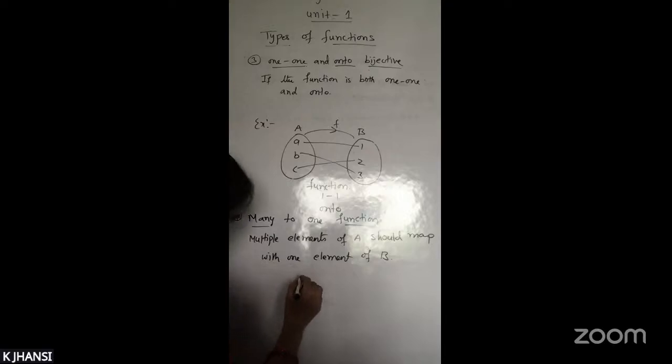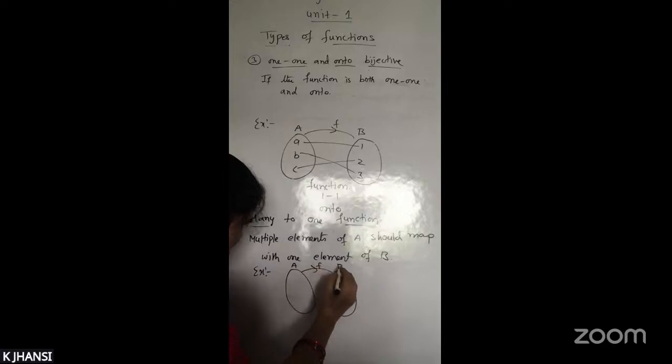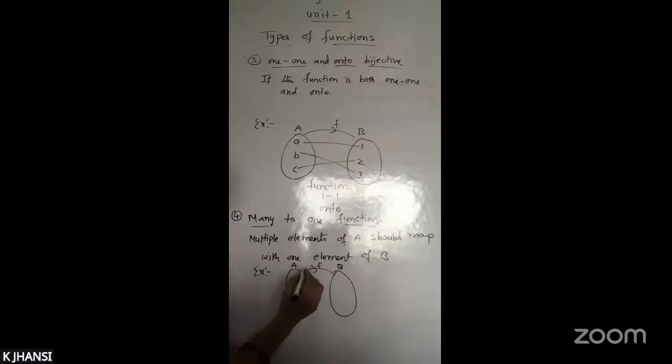Okay. So you can take the example here. A, B, and this is the function F. So in A and B, other than one, you can take multiple elements, like this. First thing, this is a valid function.